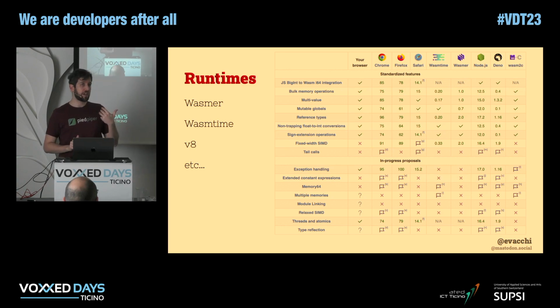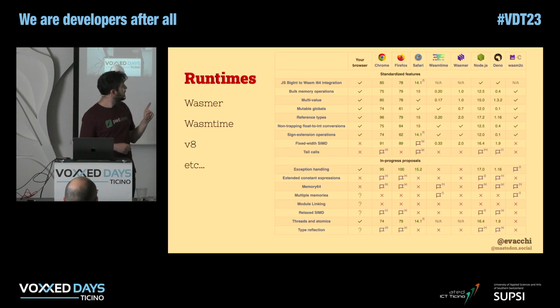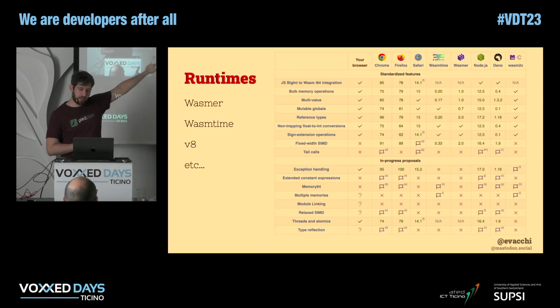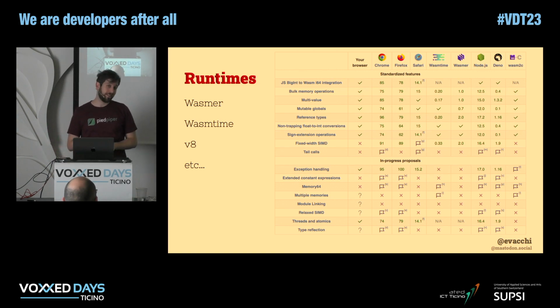Runtimes. Of course, I've mentioned V8. There's also Deno, which I think is still based on V8. And this is from WebAssembly.org. At the top, you can see compatibility for browsers and famous runtimes. The most widely used runtimes are probably Wasmtime and Wasmer. And that's the reason the title of the talk is the Wasmer things.